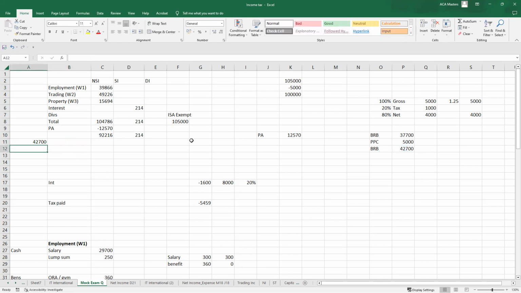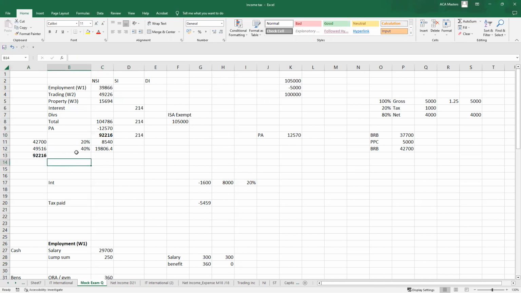So we've got the revised basic rate band here, and that will be the first tranche of tax, and then we can see the next amount is going to be here at 40%. So of course, make sure you just get your basic rate bands and your higher rate bands from your open book in the exam. And then you can just make sure that you have taxed all of the income. So you tax all of the non-savings income.